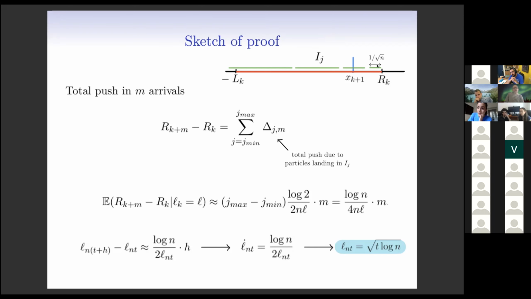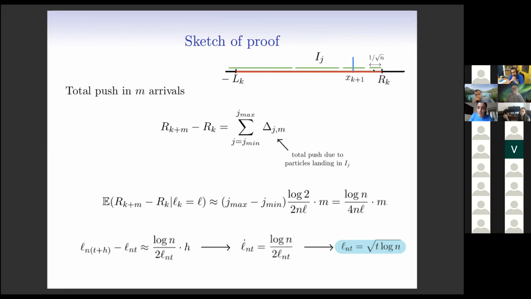And if you get less push from particles which land close to the right extremum, then it might be that the push is still enough to give you explosion, but if alpha is large, then you might think that this push is not strong enough to give you explosion, and these right and left extrema move slowly, slower than what we observe when there is no feedback.